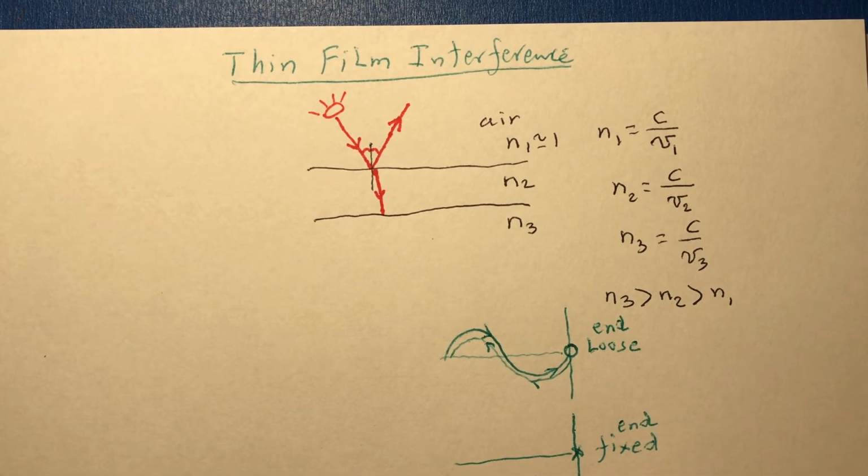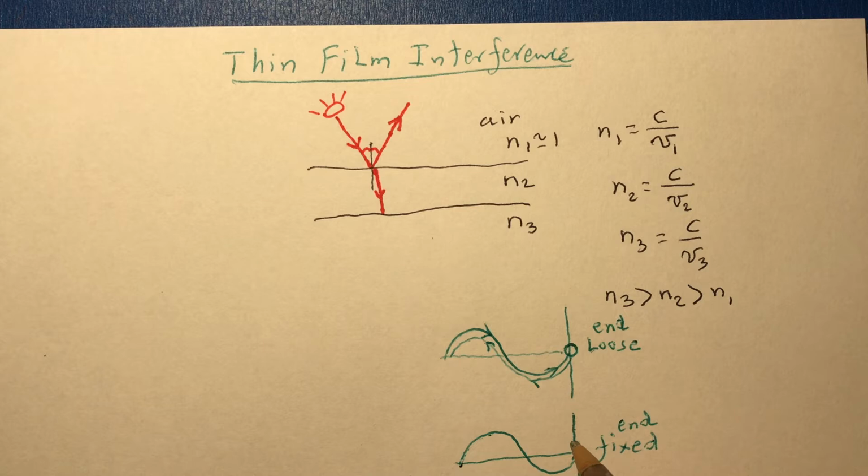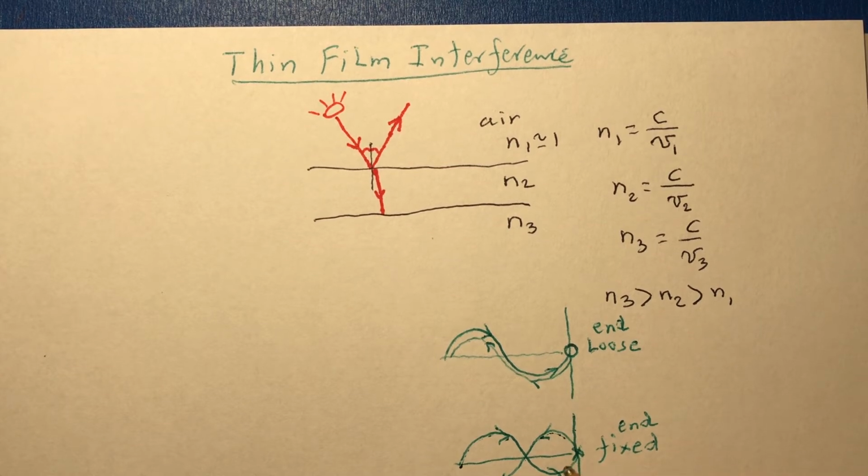Now what's going to happen? Here is the wave coming in, and this is fixed. So the wave will bounce back like this. This is the wave that's coming in, and the other one that's bouncing back. So you see how the bump goes with the dip. What was a dip becomes a bump, which means the wave got shifted.